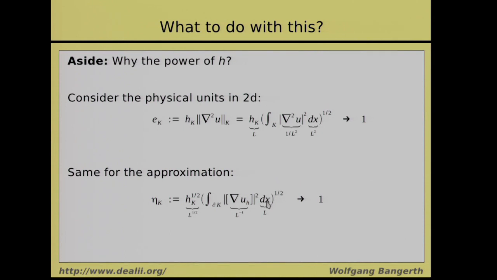So this dx is a one-dimensional dx, whereas up here it's a two-dimensional dx. And if you multiply all of these factors out, you get that both the approximation and the exact formula have units 1, no units. In 3D, you would get that all of these formulas have units lengths to the +1/2. So the formula for the approximation here really seems to make sense.